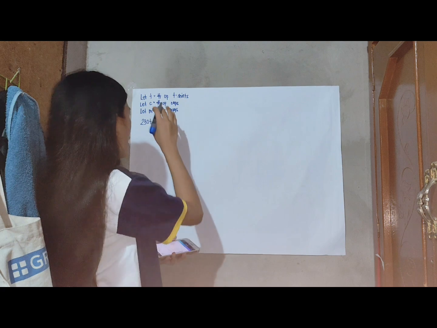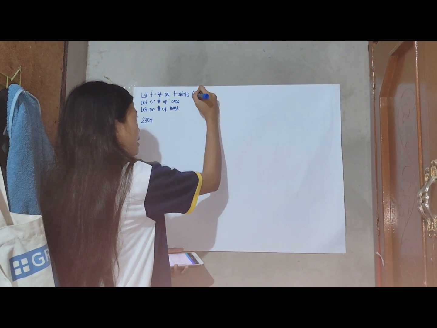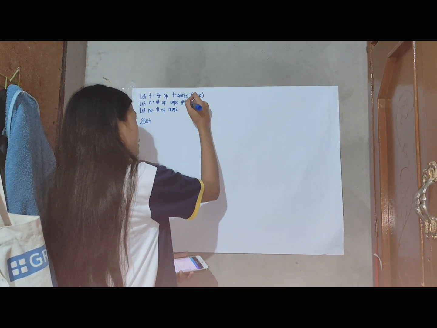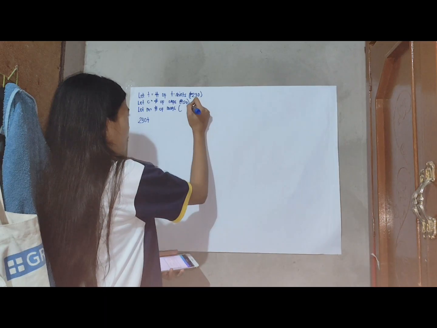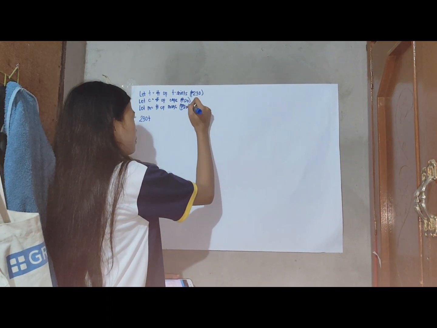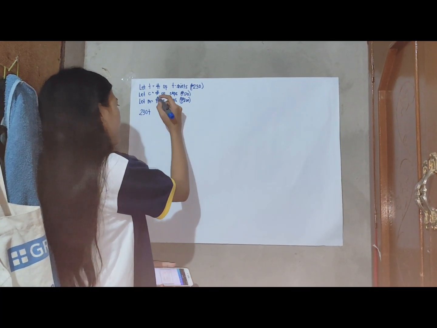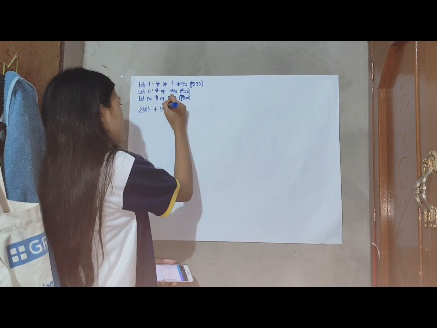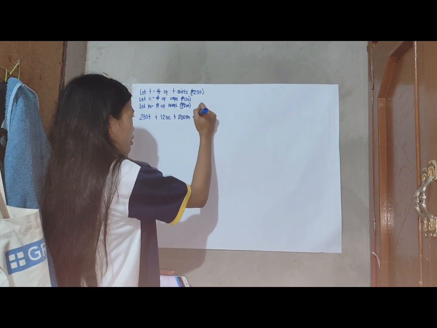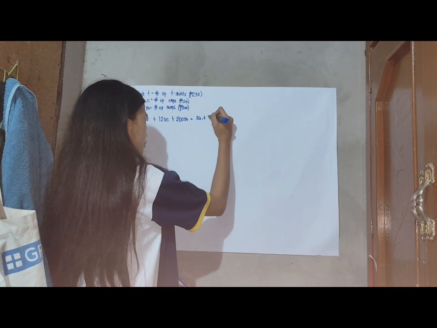Since the price of the t-shirt is 230 pesos, the price of the cup is 120 pesos, and the price of the mug is 200 pesos, our first equation is 230t plus 120c plus 200m is equal to 36,060.